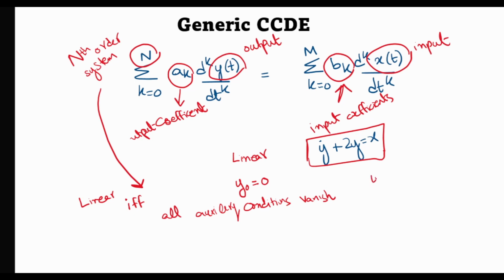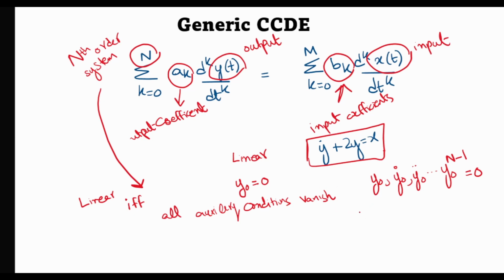That is, y0, y0 dot, y0 double dot, all the way to y0 n minus 1 have to be equal to 0 in order to make the system linear.